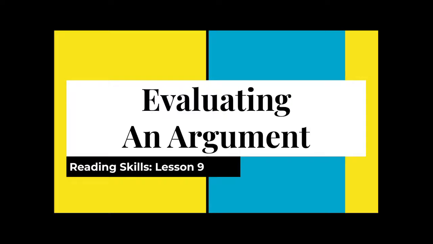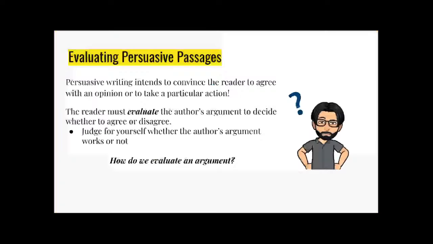When thinking critically about persuasive writing, one of the skills that we need to master is the ability to evaluate the author's arguments to determine whether or not we agree. As we learned in the last lesson, persuasive writing has a purpose.